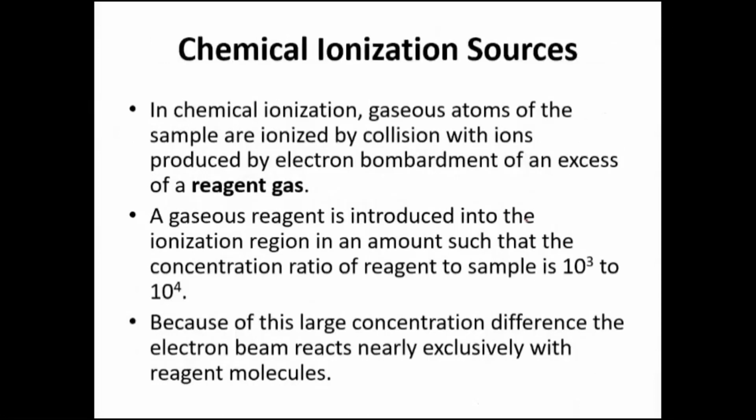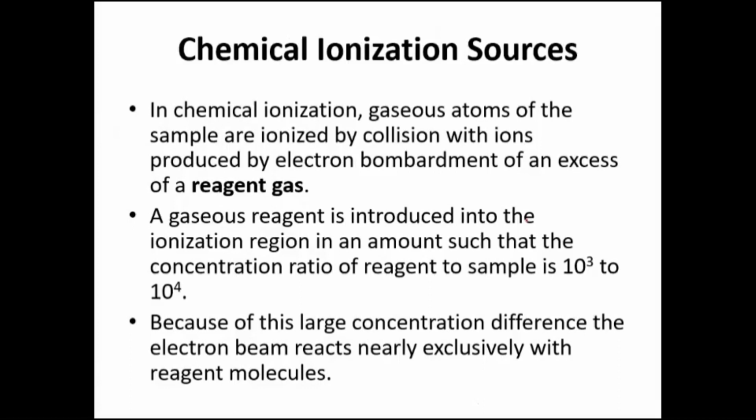Okay, then next after electron impact is chemical ionization sources. In chemical ionization sources, gaseous atoms of the sample are ionized by collision with ions produced by electron bombardment of an excess of a reagent gas. So you are going to add a reagent gas along with your sample.